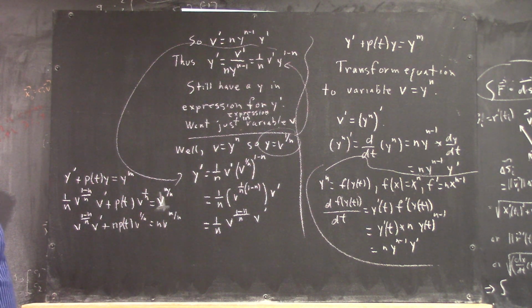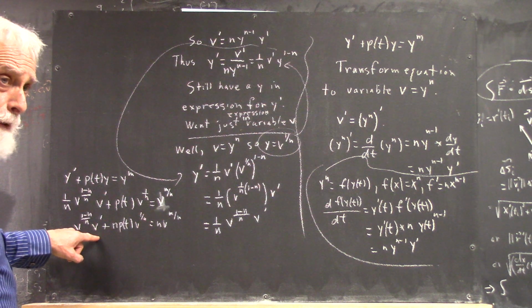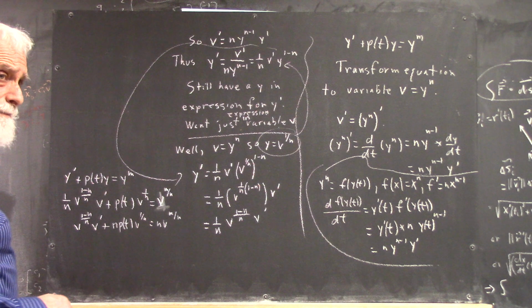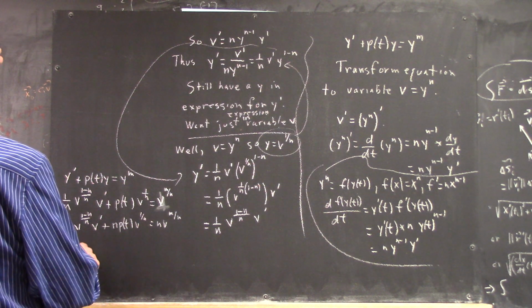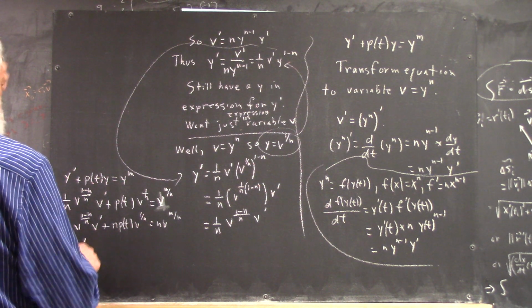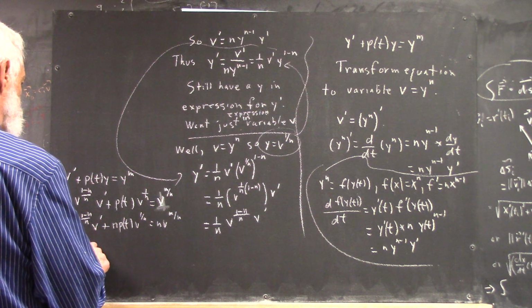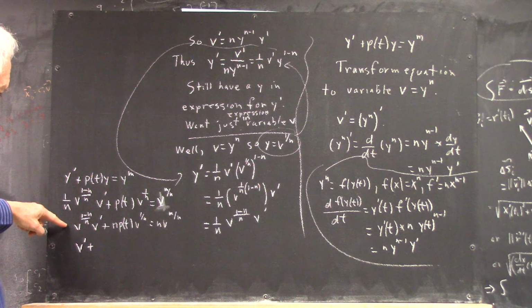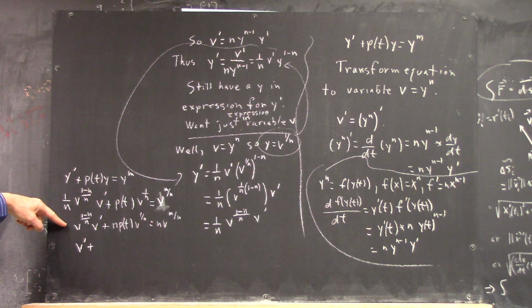Well, do we really want something in front of v prime? Not if we want to get something that looks like something we could solve. So what do we do? What step do we take to get that out of the way? What would we multiply by this to get 1?